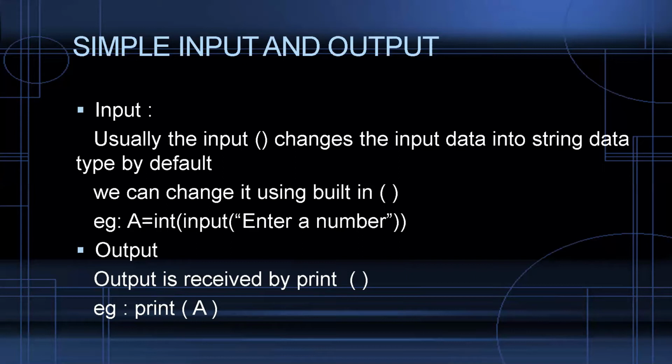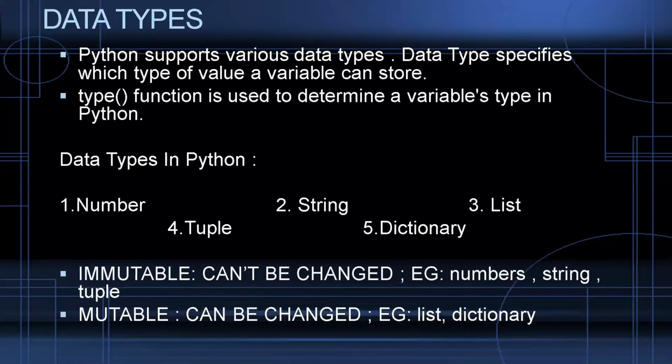Next, we are closing in on the biggest section of this chapter, that is data types. We want to study it in more detail, but in today's section, I am just briefing it. Python supports various data types.